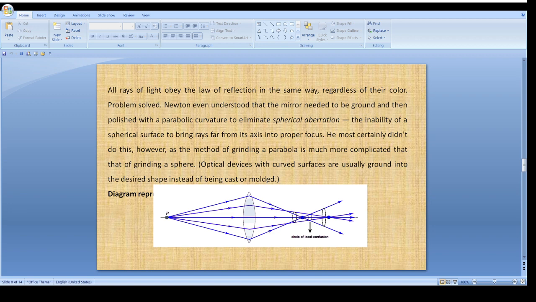He most certainly didn't do this, however, as the method of grinding a parabola is much more complicated than that of grinding a sphere. Optical devices with curved surfaces are usually ground into the desired shape instead of being cast or molded.